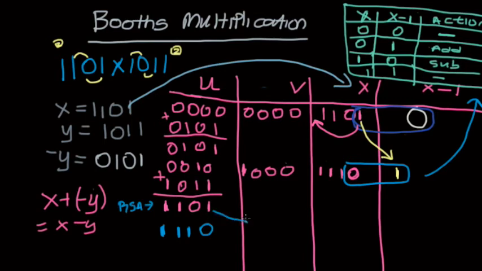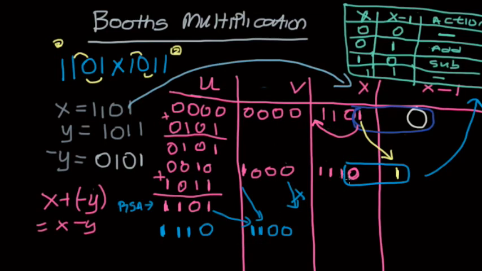You take this 1 and shift it down here, 1, and you continue like this, 1 0 0. You're going to notice that the 0 is cancelled, because you need to obey your initial state, which was 0 0 0, which is 4 bits. It has to be 4 bit. If this was 5 bit, then that would stay, but because your V is 4 bit, these things have to be 4 bit.